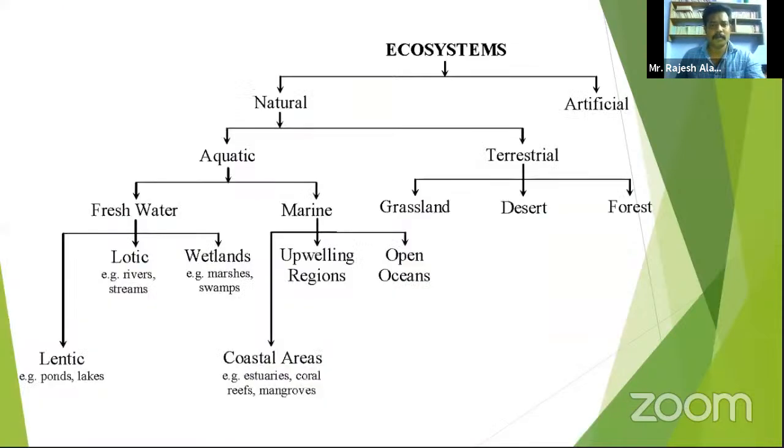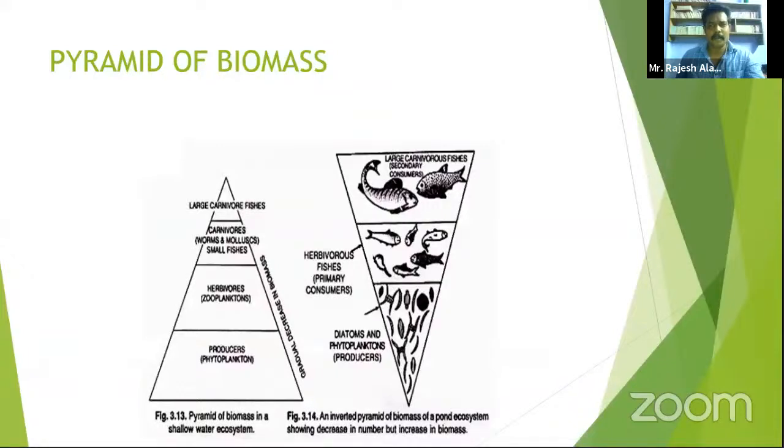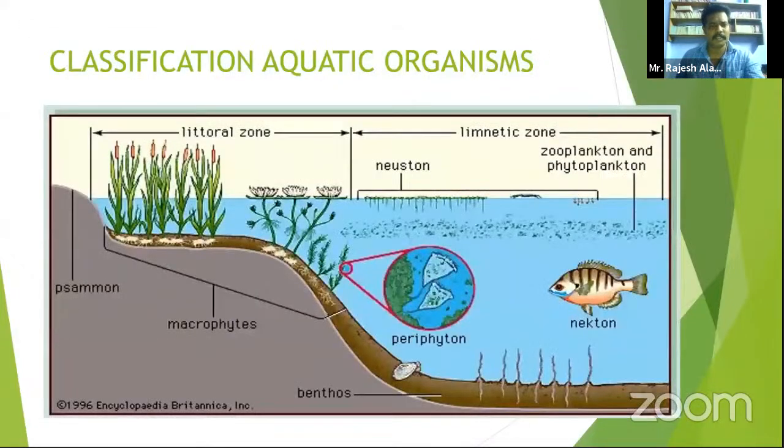So we completed up to aquatic ecosystem, its zonation yesterday, right? The kind of aquatic organism, based on the limit up to which they are going, we can classify, right? If it is going in the topmost area, that is the air-water interface, it is called neuston.